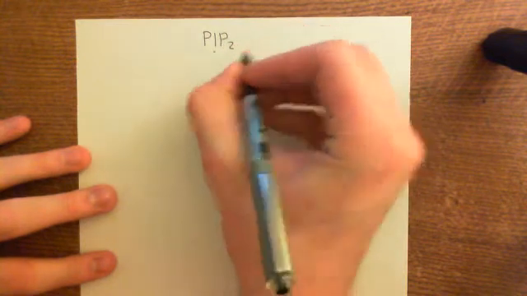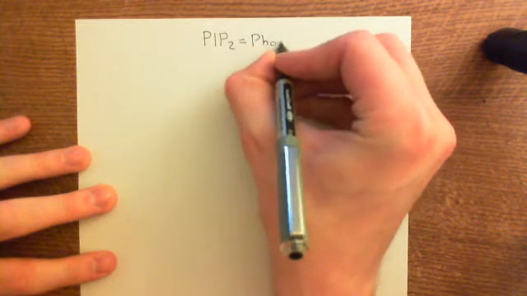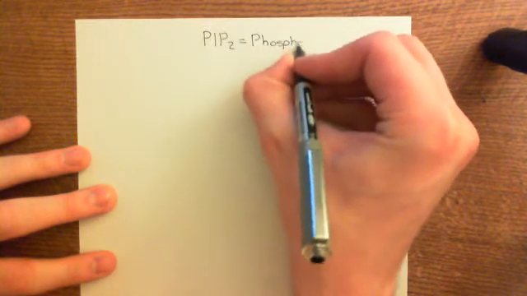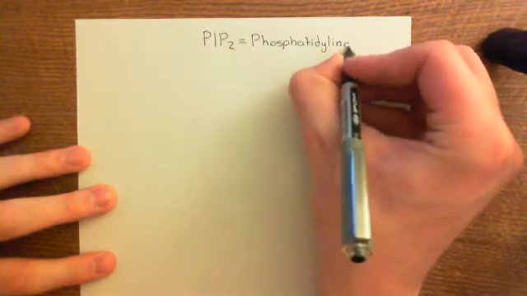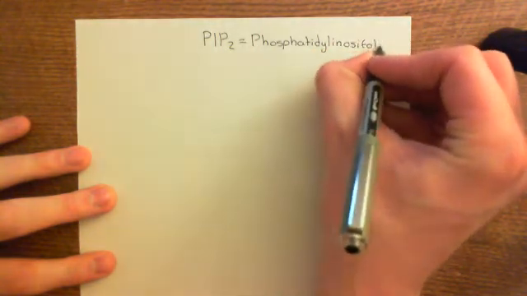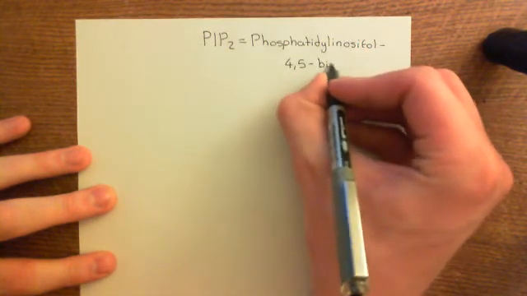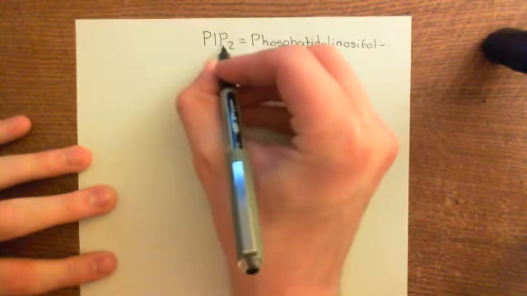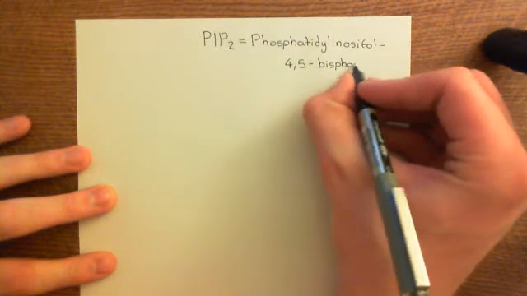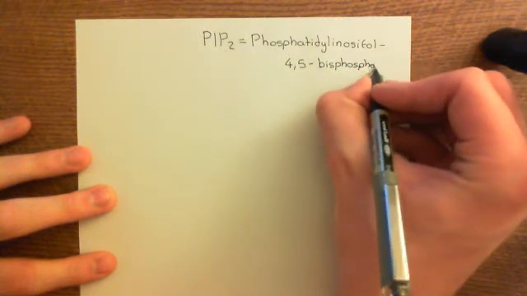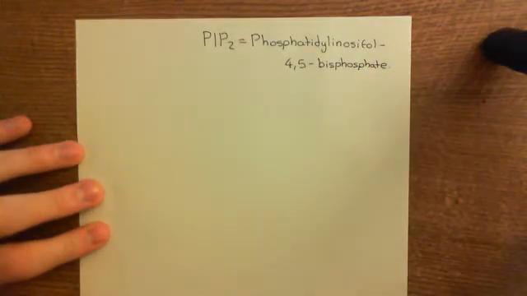PIP2 is the abbreviation, but its full name is phosphatidyl, that's the first P in this abbreviation, and then inositol, that's the I, and then 4,5-bisphosphate. The second P here stands for phosphate, and because you've got two phosphate groups, bisphosphate, you put the 2 at the bottom. So it's phosphatidyl inositol with 2 phosphates linked onto it.